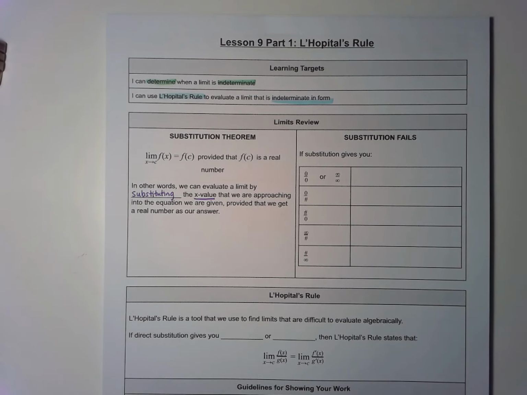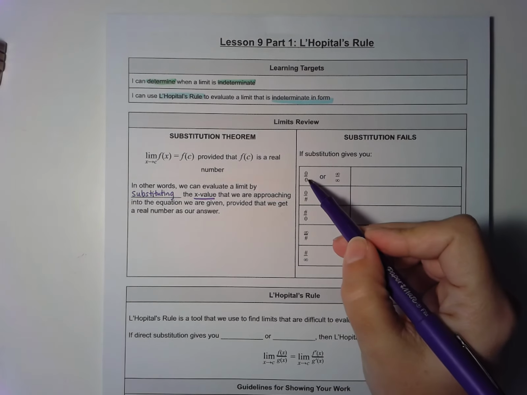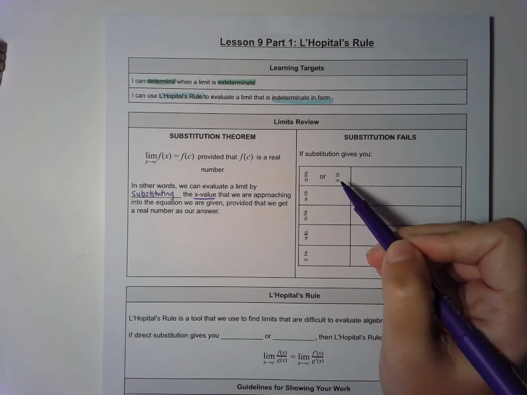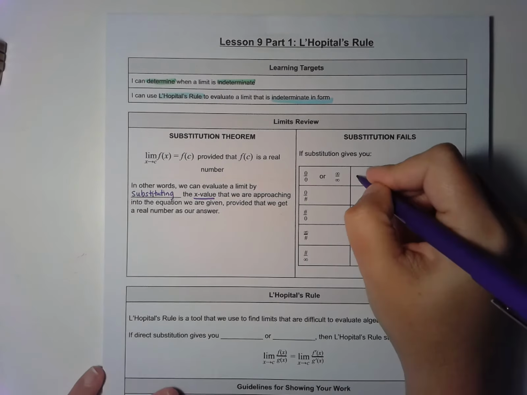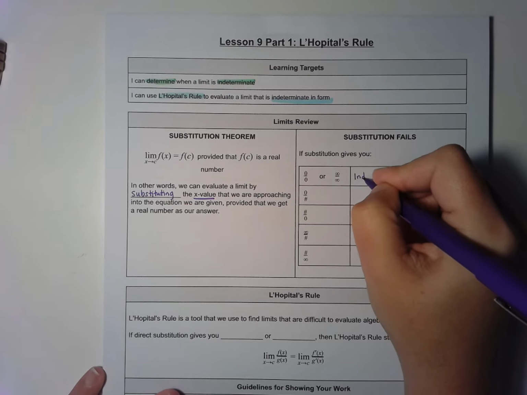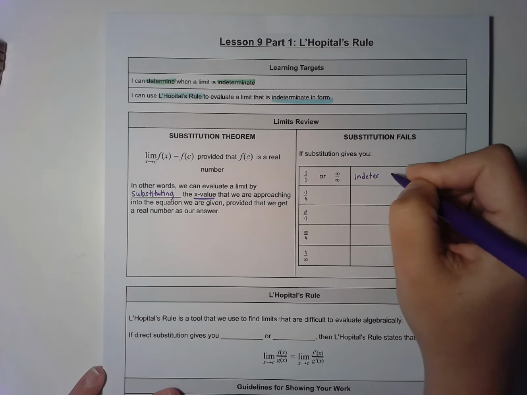Now, what we said was that this sometimes works and it sometimes doesn't. So here's sometimes that substitution fails, where plugging in the number doesn't work. If we get 0 over 0 or infinity over infinity when we substitute our x value, we said in Unit 1 we were going to call that an indeterminate limit.